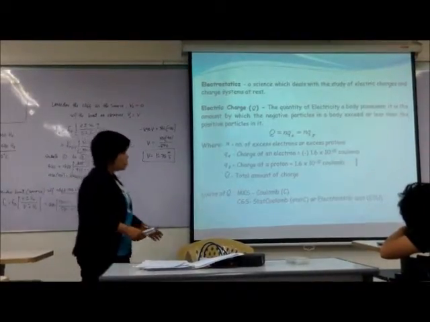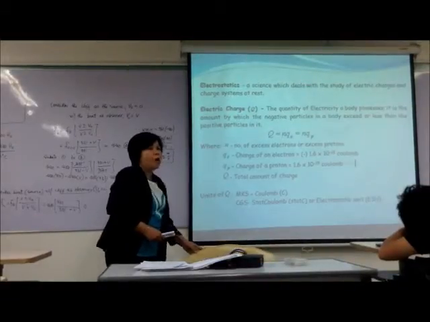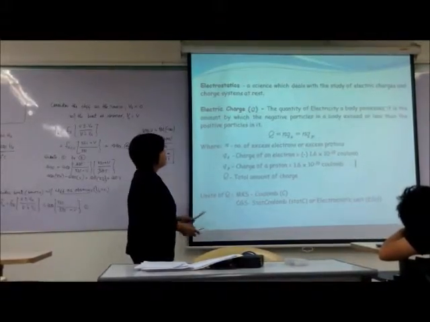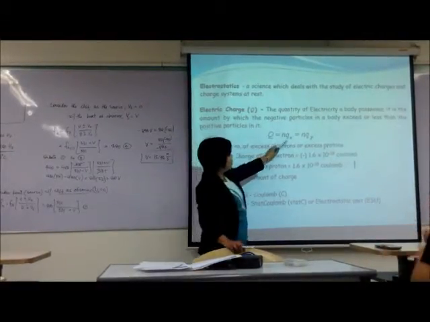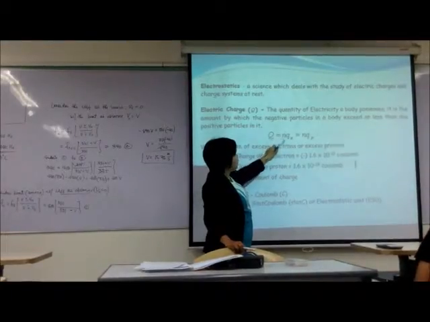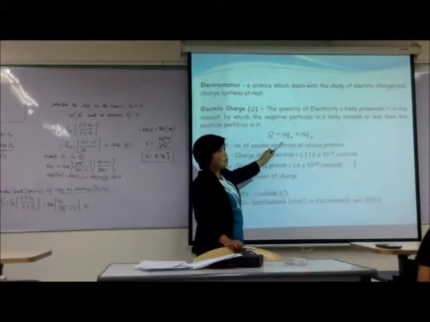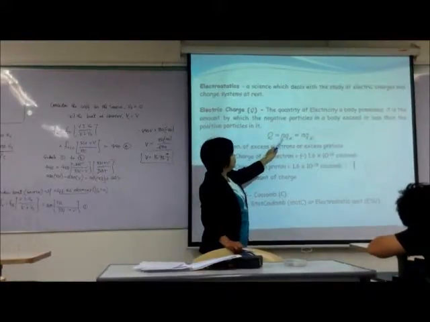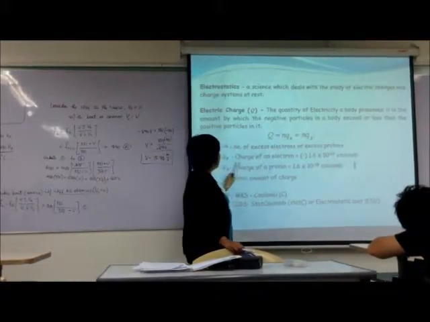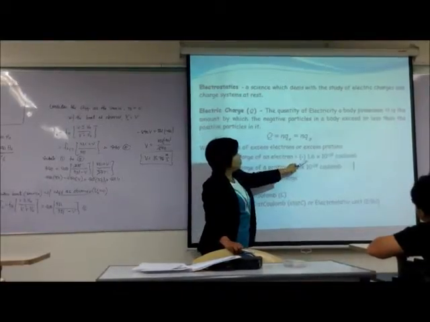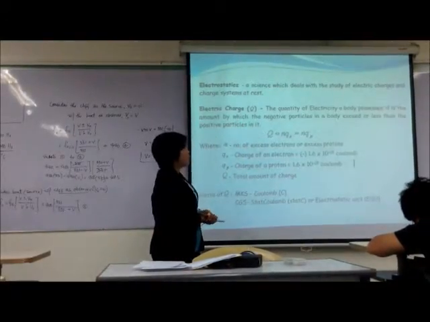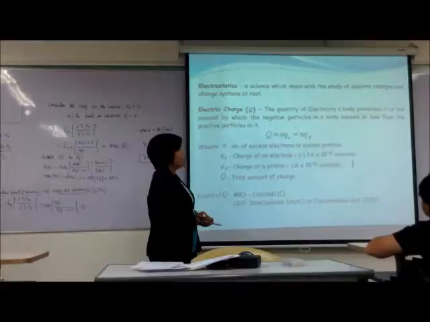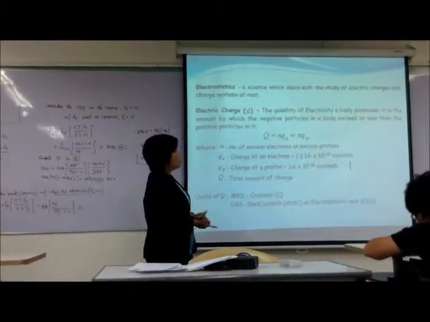So for example, in this equation I mentioned to you how a neutral body can be charged. Let's say a body gains electrons, so you just get the number of electrons gained, for example, gained by body B, and then multiply it by the charge of an electron, which is negative 1.6 times 10 raised to negative 19 coulomb, which will make the body negatively charged.